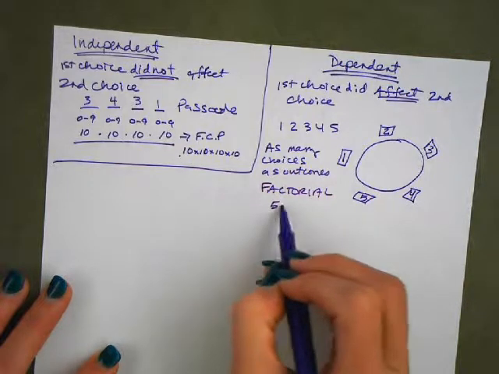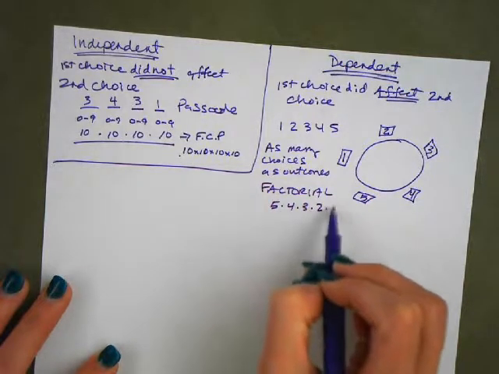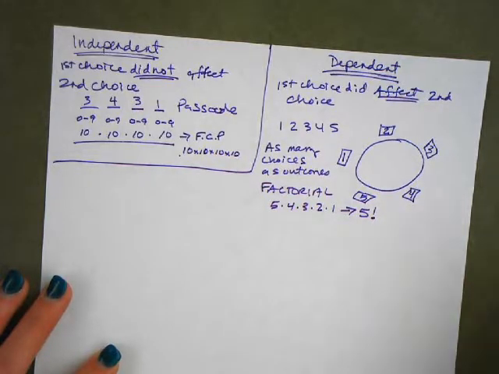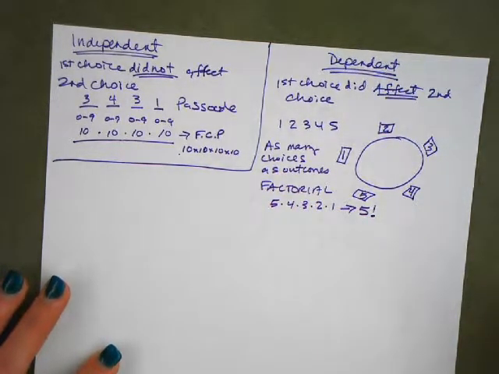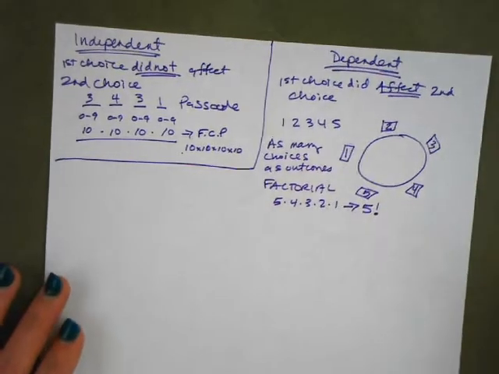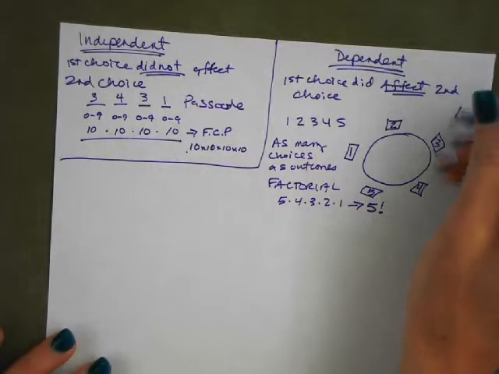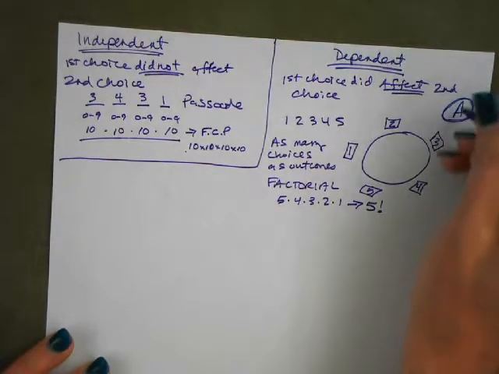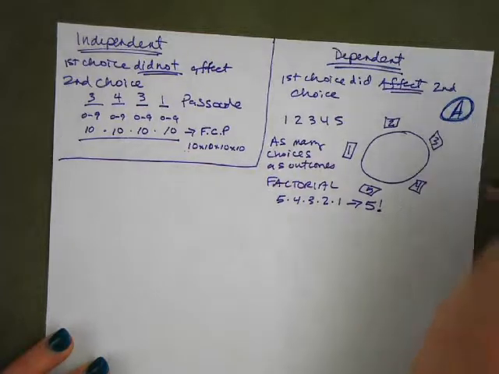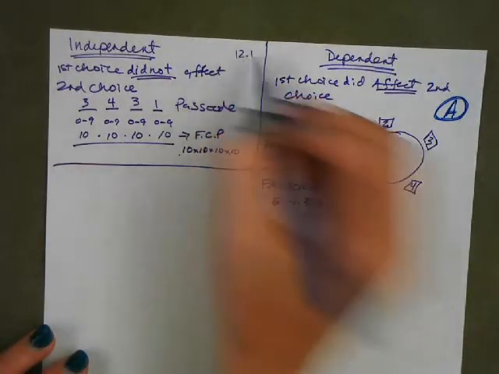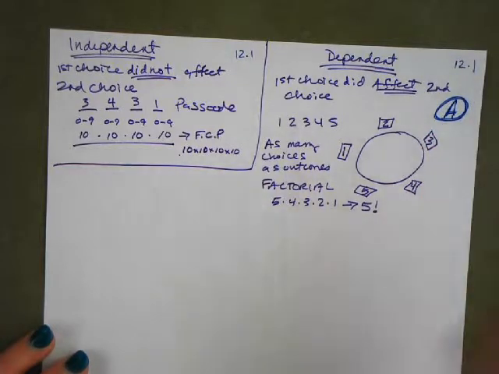We just said it was 5 times 4 times 3 times 2 times 1, and we wrote this as 5 factorial. So basically it decreases one at a time. We're going to call this dependent option A. We're going to talk about 3 different dependent options. This was our first one, section 12.1.